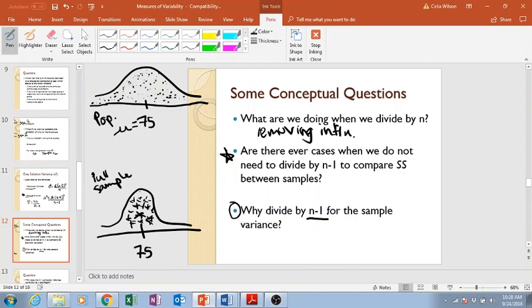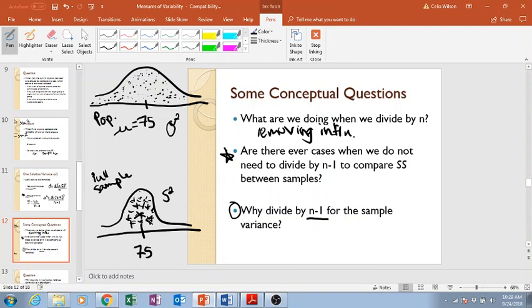So when we divide by n-1, we are trying to correct for this. All right, so our sample variance, which is s squared, is going to be less than our population variance. Okay, so we're going to have an underestimate of what's actually going on in the population.